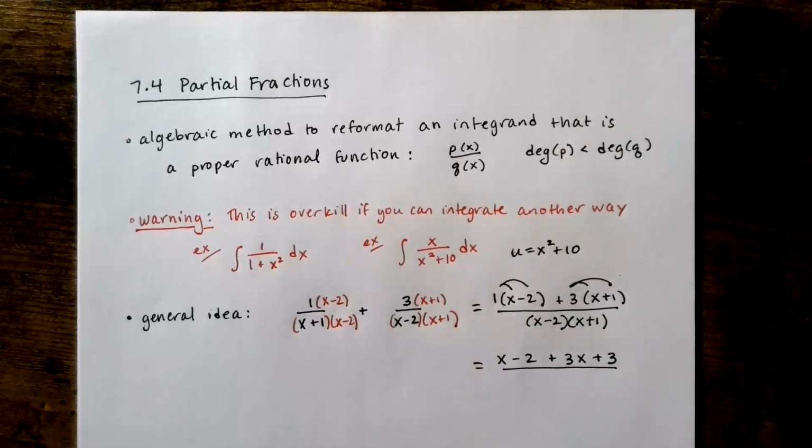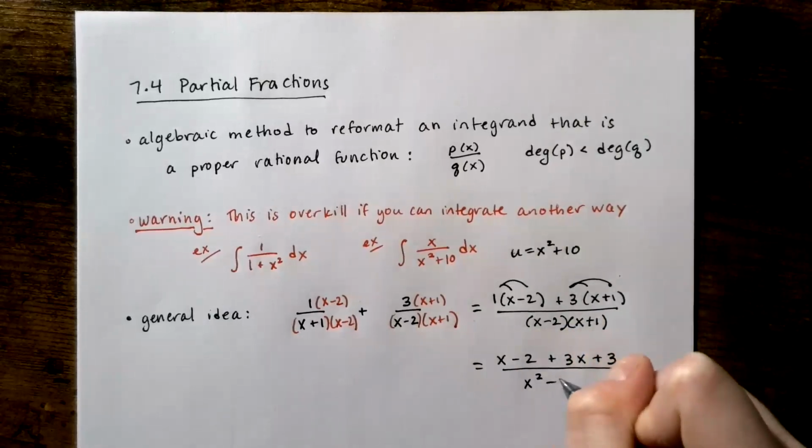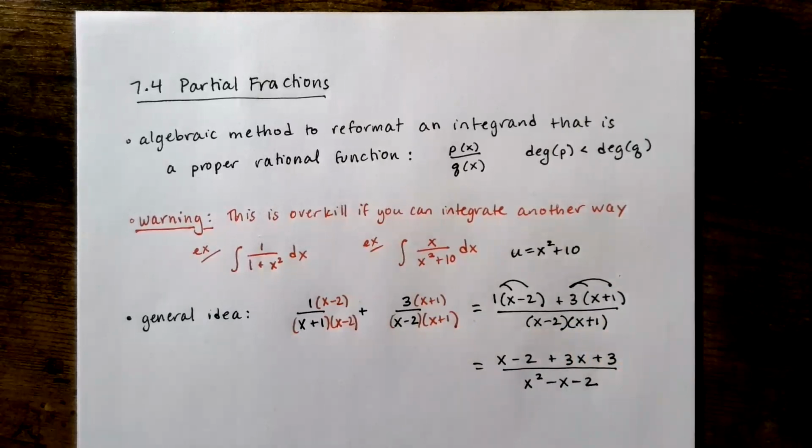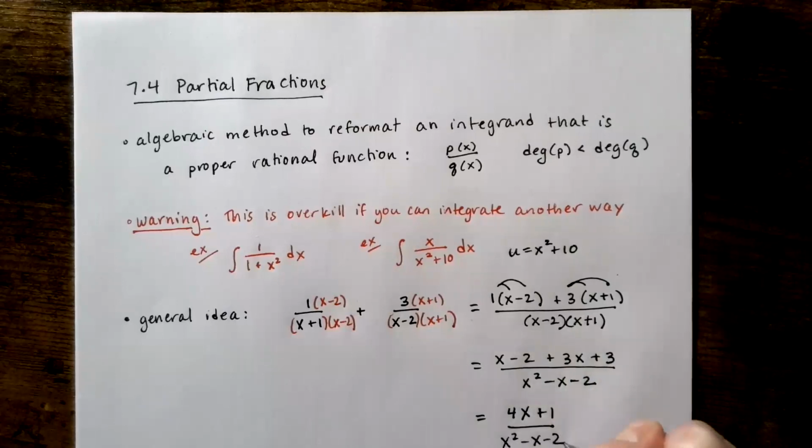I'm also going to FOIL out the denominator just to make this look as different as possible from where it started. So I would have x squared minus x minus 2 in the bottom. And then if I combine like terms in this numerator, I would get 4x on the top. Negative 2 plus 3 is plus 1. So I have 4x plus 1 over that expanded denominator.